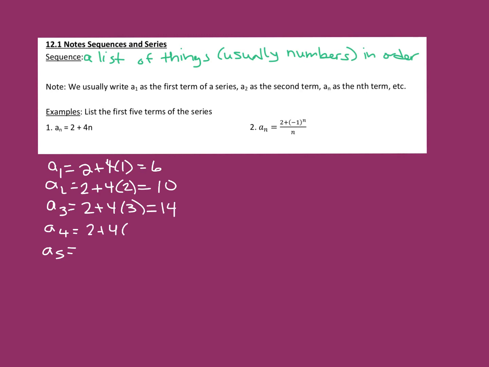You'll notice as you write out these terms that each of them ends up being added by the same amount. Like 6 plus 4 is 10, 10 plus 4 is 14, 14 plus 4 is 18, 18 plus 4 is 22.